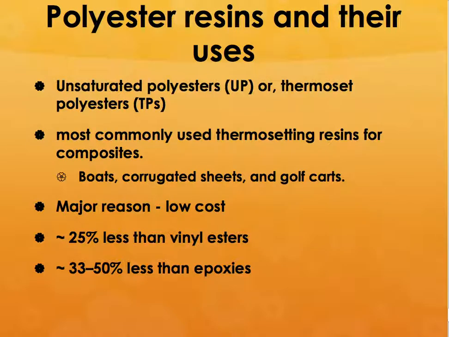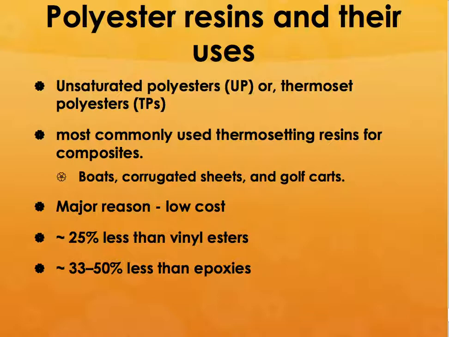The first kind is unsaturated polyester or thermoset polyester, and these are most commonly used for thermosetting composites, where the applications are mainly in the field of transportation, like boats, corrugated sheets, golf carts, etc. And the major reason for us to use this resin system is its low cost, because it costs 25% less than vinyl esters and about 50% less than epoxies.